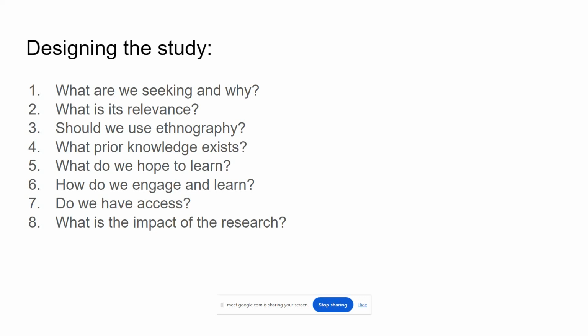So while designing the study, the first thing that becomes really important is what we are seeking. The nature of knowledge that I just talked about: what is it that you really want to know from the field, and why, obviously. Generally, ethnographic research is really time consuming. It takes a lot of your effort.